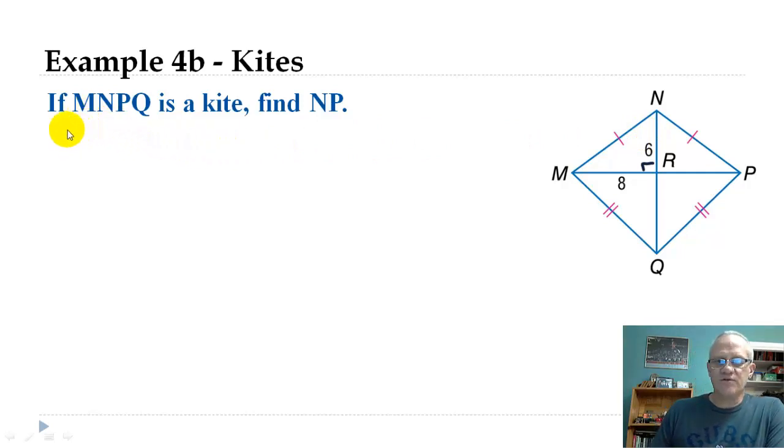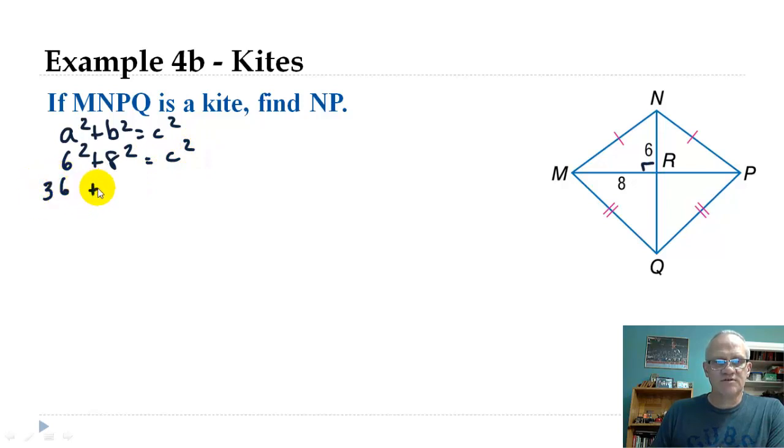So we'll do the Pythagorean theorem. Remember, that's a squared plus b squared equals c squared. 6 and 8 are your a and b. Remember, a and b are the two sides that make the 90-degree angle. So this is going to be 6 squared plus 8 squared. So 36 plus 64. These together will give you 100.